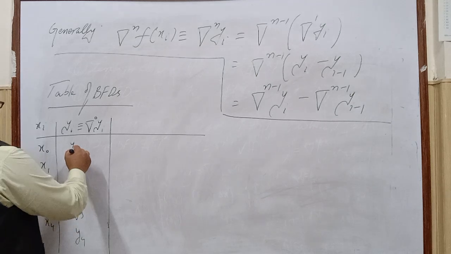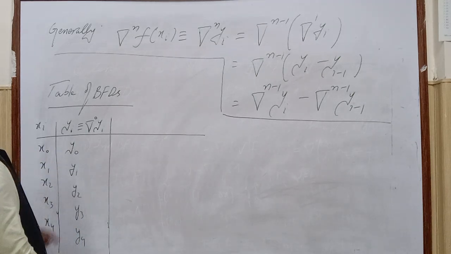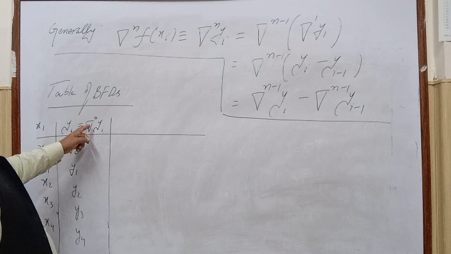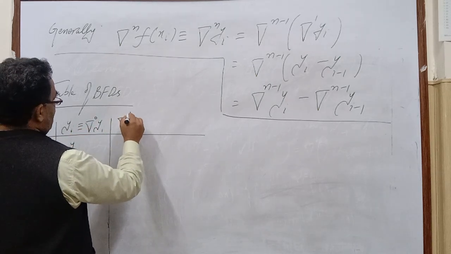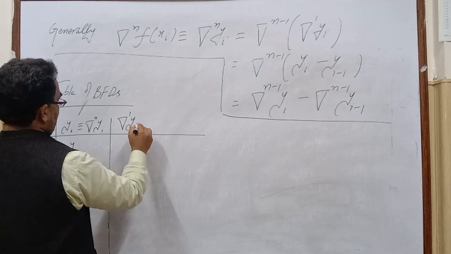Okay, so these values of y are themselves the zeroth BFT values, and the first BFD values can be written like this.